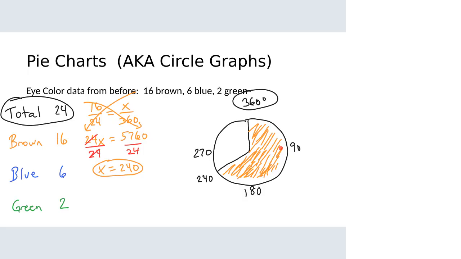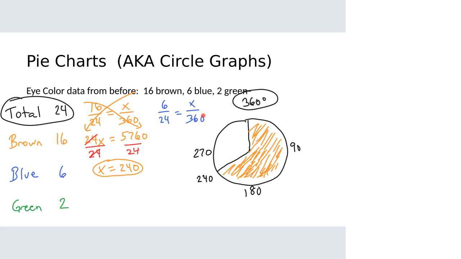I still need to figure out how many degrees am I going to give to blue? How many degrees am I going to give to green? Well, I'll just go right down the list and we'll do blue next. And I'm just going to set up a proportion the same way. Now it's 6 students out of 24 total equal how many degrees out of 360 total? I'll go through this process.